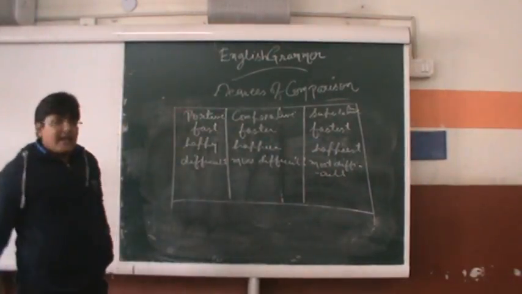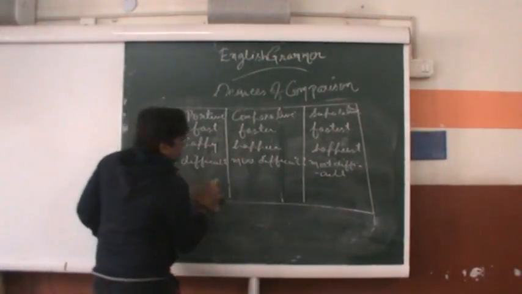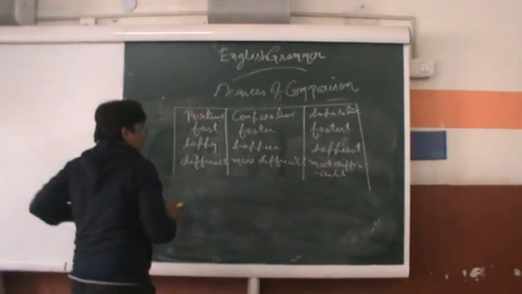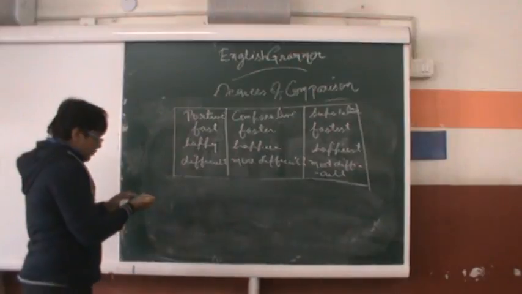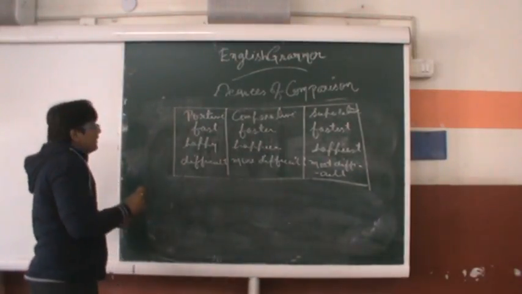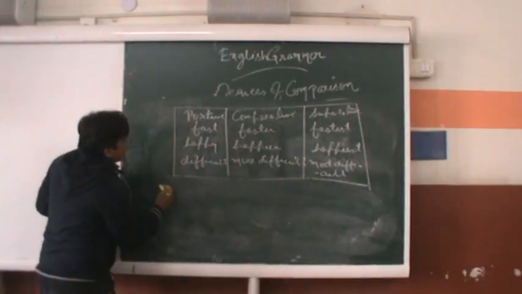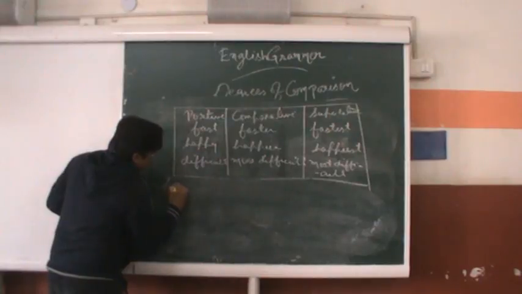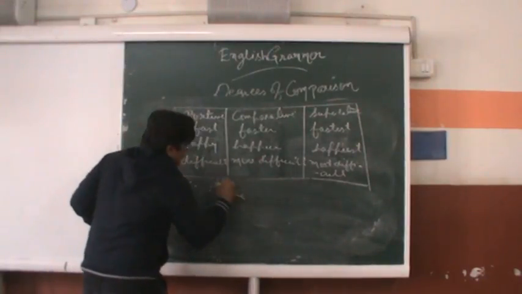See, the difference arises due to the syllable. If you want to learn, you will have to observe your speech, and while you observe it, just see, whenever you say fast, it is a single syllable.